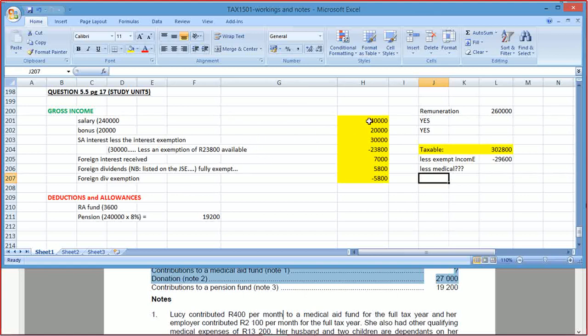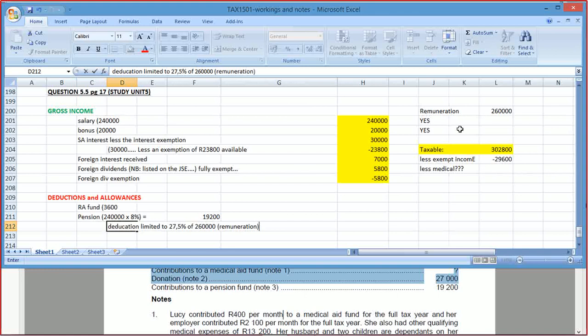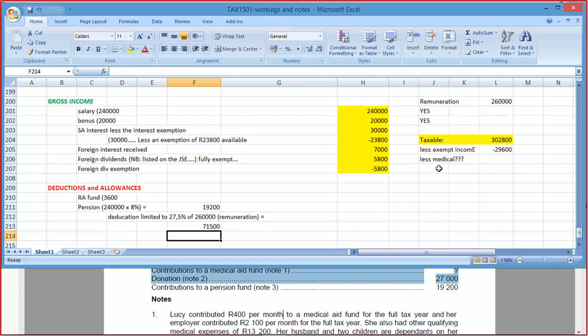How much would she actually contribute to the Section 18A certificate charity? Looking at gross income, salary and bonus, that's remuneration. So let's start by looking at the deduction, limited to 27.5% of her remuneration, which was 260,000.